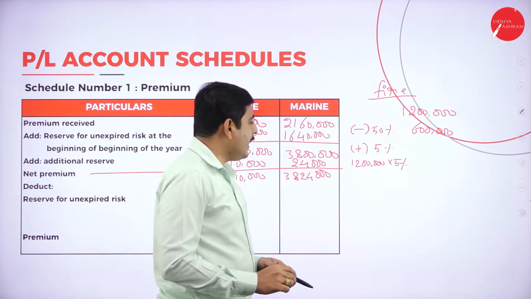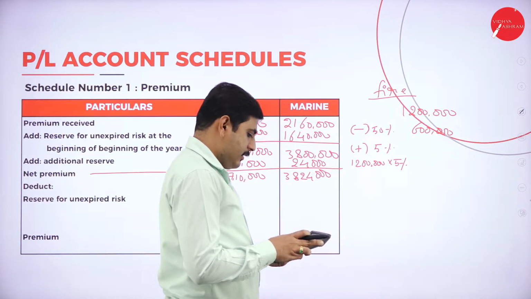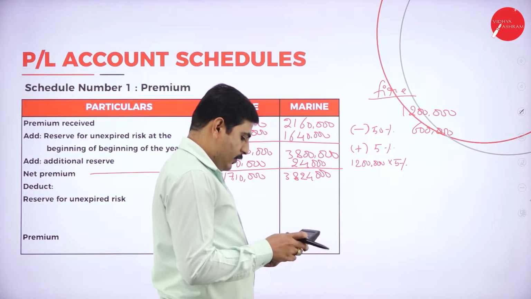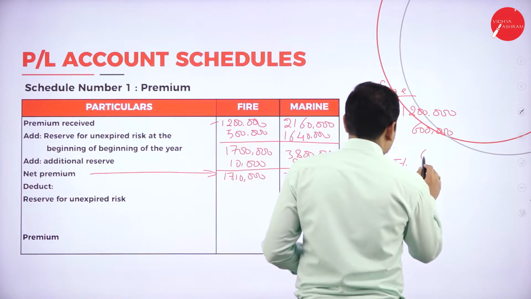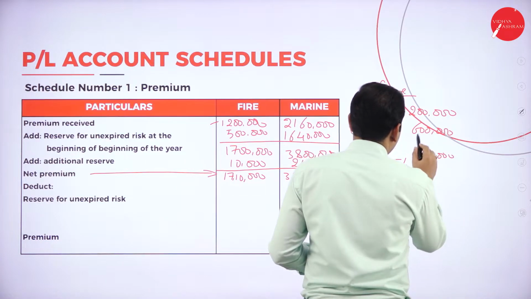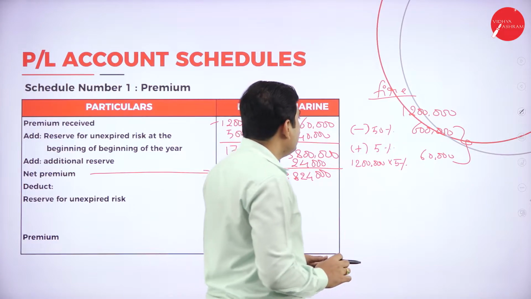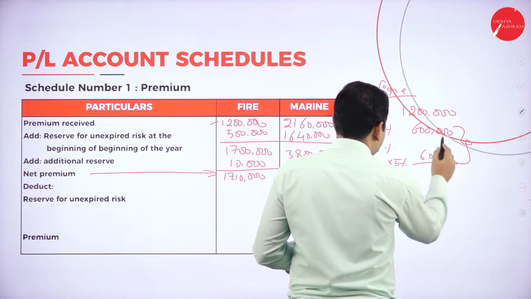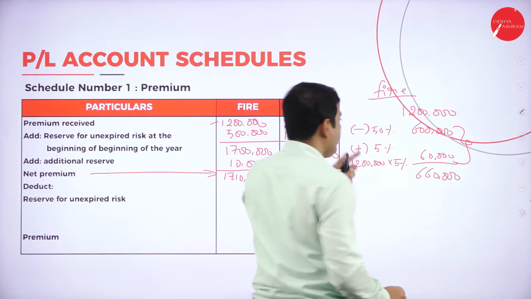Again, we will get 60,000. What is the total of this? 50% is a regular reserve. Again, extra 60,000, it is 6 lakh 60,000 in case of fire.